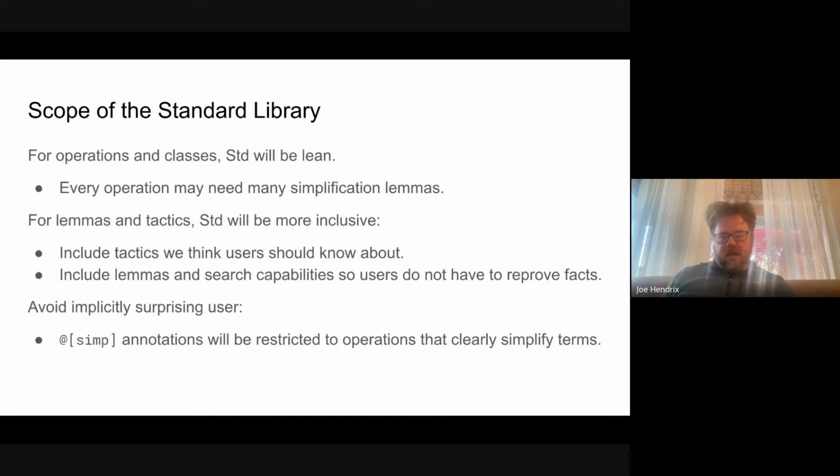Standard is designed to work with a broad set of tactics. One point of view I have is that the simp annotations, for lemma simplification, should be relatively restricted, with the idea that we want to avoid surprising users, but those could potentially be extended in other modules if you want to have a more powerful simp.